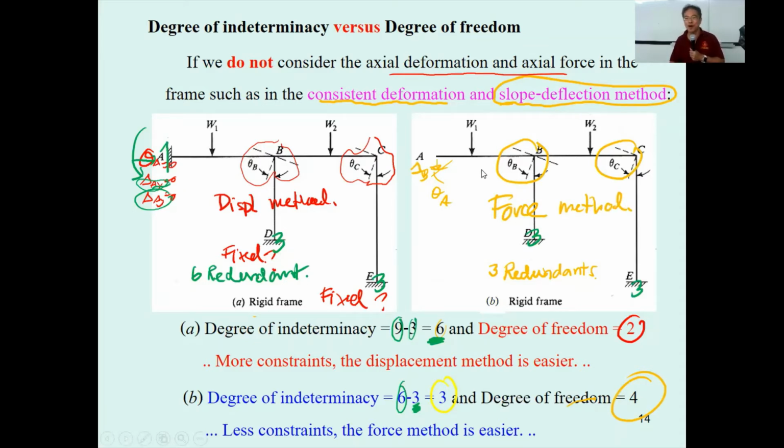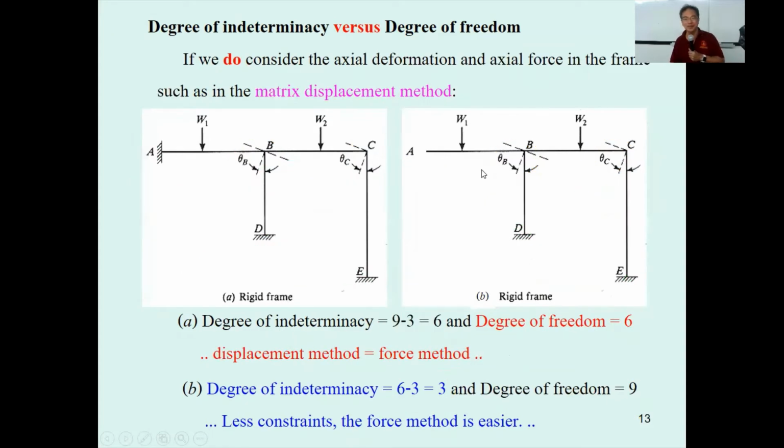If you come to the matrix displacement method that we are going to take in the second part of this, the analysis is going to be like this. You're going to have the unknown forces of 3, 3, 3, 9. And then the equations are going to be 3.